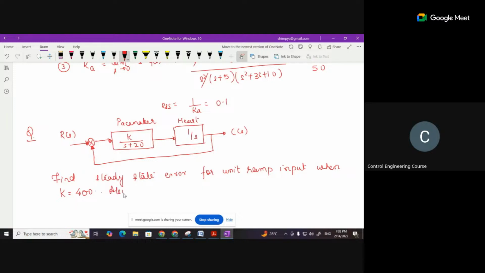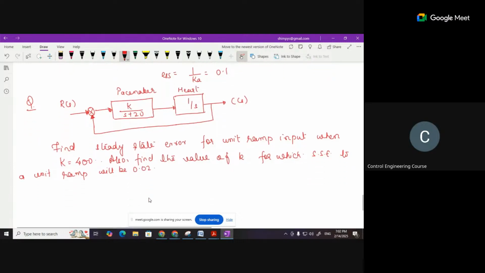Also find the value of K for which the steady state error to a unit ramp will be 0.02. Now let us see this problem. Is the problem clear?